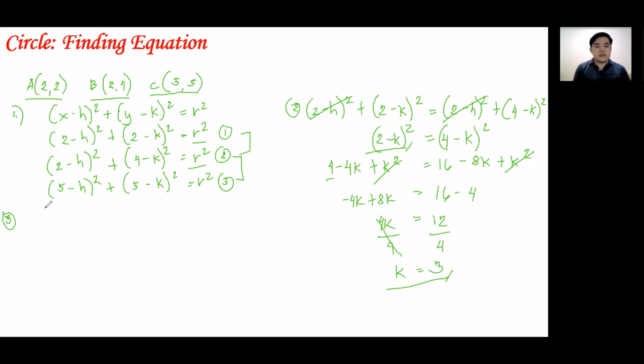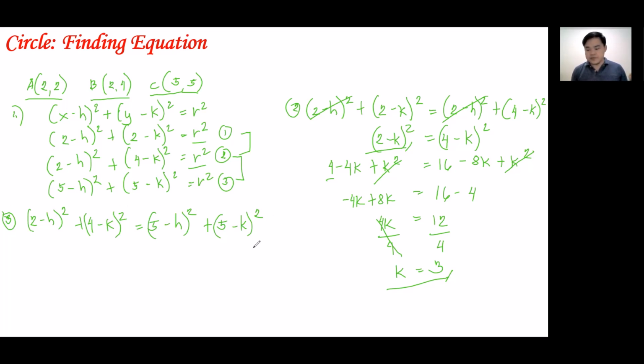So that is (2 minus h) squared plus (4 minus k) squared is equal to (5 minus h) squared plus (5 minus k) squared.